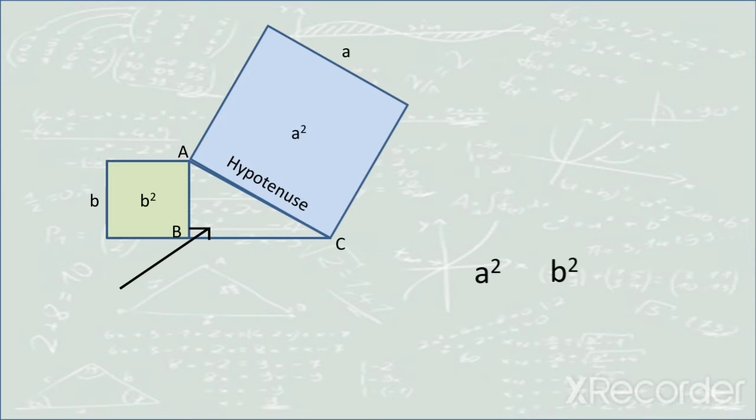And there's another remaining side. You have to draw another square. If we take the side as C, then the area will be C squared.